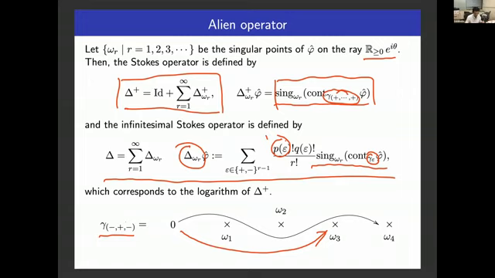But the problem is, when can we define alien operators, or what kind of function space can we define the alien derivative on?